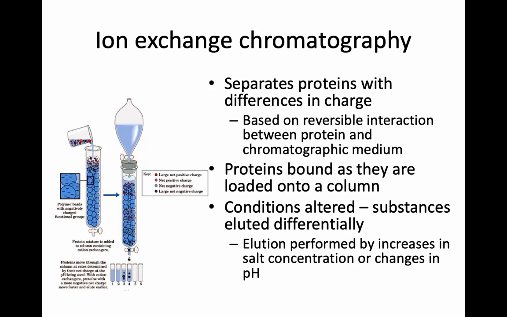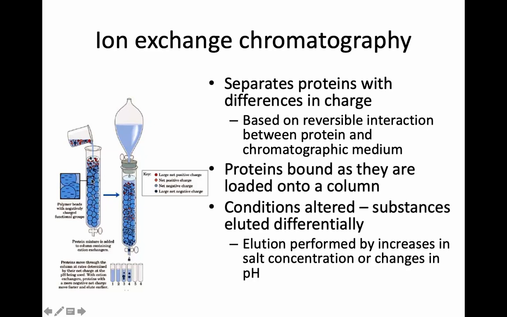If we want to separate ions from solutions based on their chemical charge, there's a pretty commonly used technique called ion exchange chromatography, where you pass a liquid or your mobile phase, which is neutrally charged and contains your protein of interest, through a column which is packed with negatively charged beads.